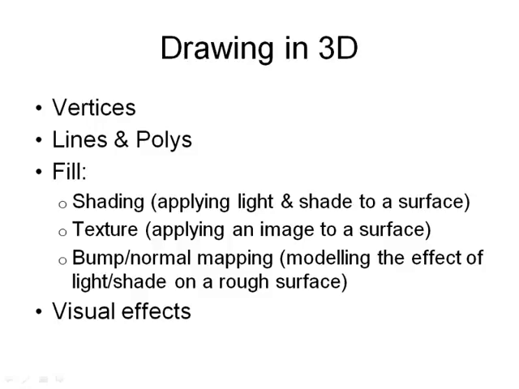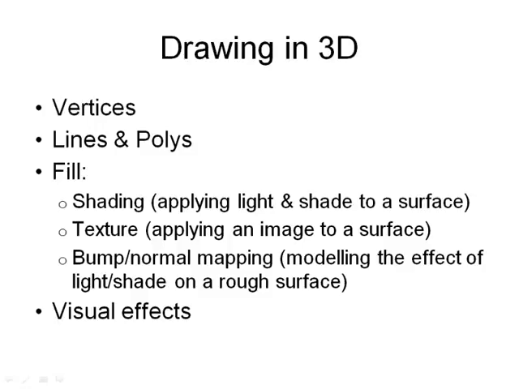The shapes have to be filled in. We have to apply some kind of colour. We might have to apply shading, so light and shade to surfaces, apply textures, apply the images to the surfaces, and then there are other effects that can be applied as well, things like bump mapping or normal mapping, and these model the effect of rough surfaces.